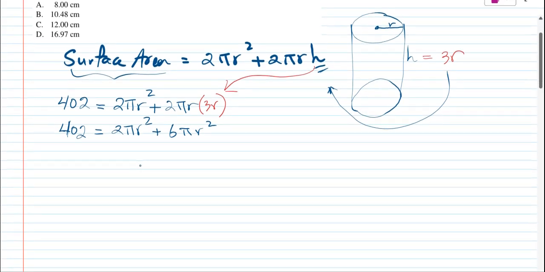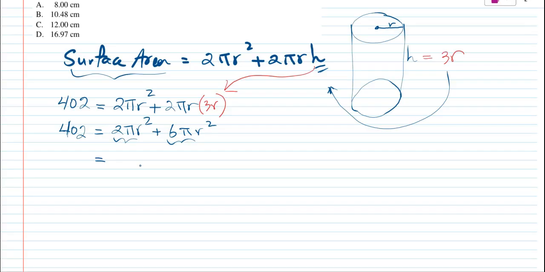Very nice. Now that we have this, we're going to solve for r. But remember, we have 2 pi r squared and 6 pi r squared.